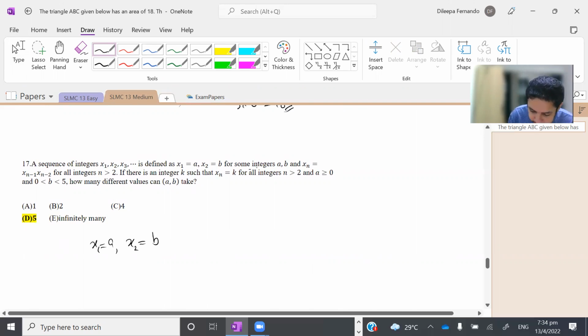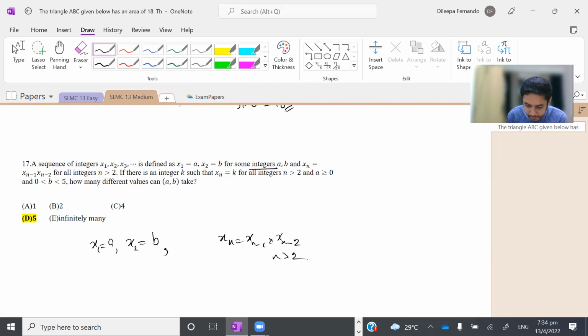So here the integer is a keyword, and after the second one, it is the product of the two previous terms. So xn equals x(n minus 1) into x(n minus 2) for n greater than 2. If there is an integer k such that xn equals k for all n, how many different values can (a, b) take?